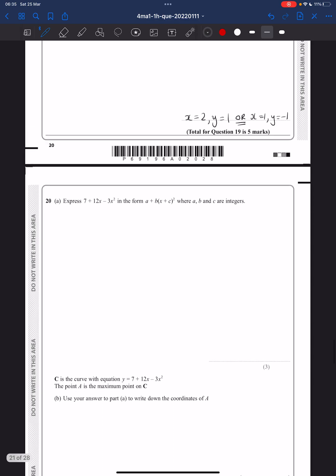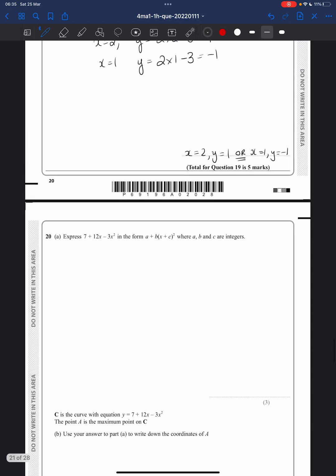Alright, express 7 plus 12x minus 3x squared in this form here, where a, b, c are integers. Right, okay, thinking. I'm going to say, first of all, 7 plus 12x minus 3x squared. I'm going to take the whole minus 3 outside a large bracket.